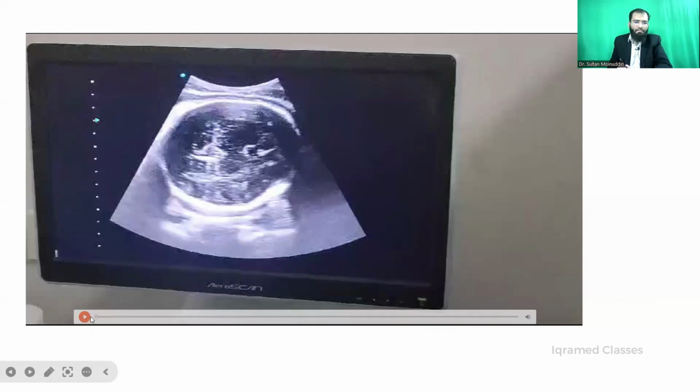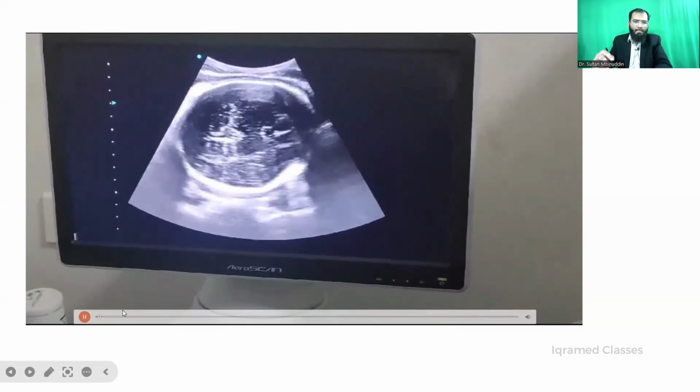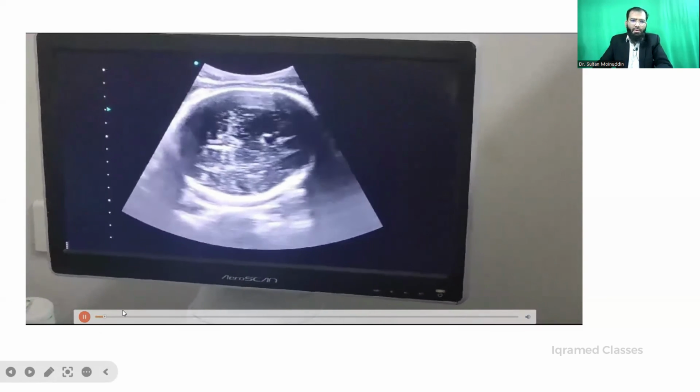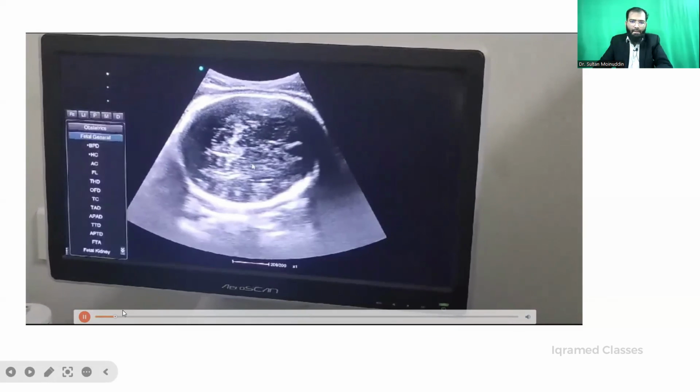Look here. Now you can clearly see, what are you able to see? This is the fetal head, right?